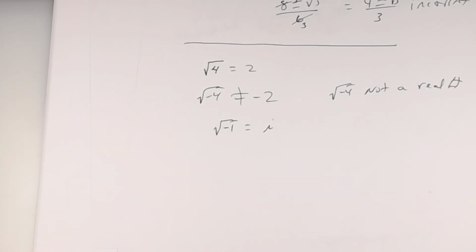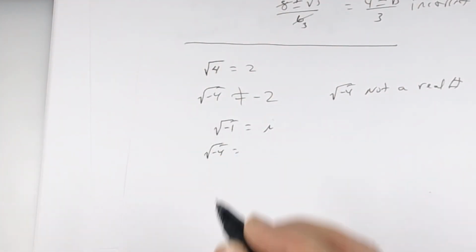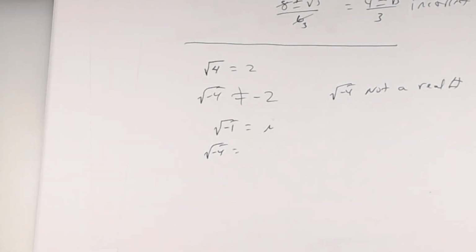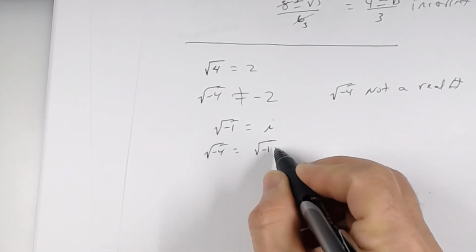So what you did last semester was that, you had practice with that, and then we go back to the square root of a negative 4. What's the square root of negative 4? Don't say not a real number. You understand what it is in terms of imaginary numbers. 2i. Square root of negative 4 is 2i. And what we did to get that was we said, I know that square root of a negative 4 is the square root of a negative 1 times 4, right?